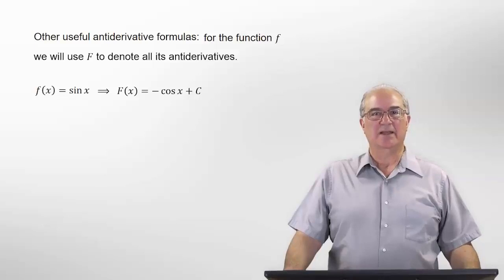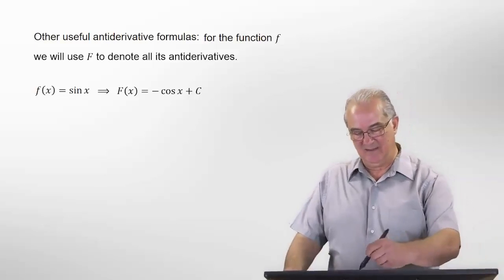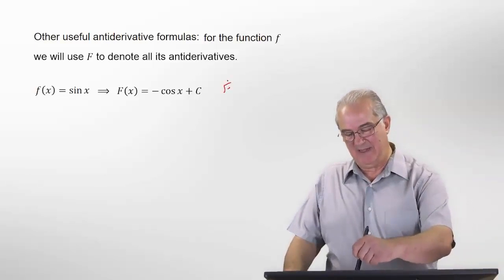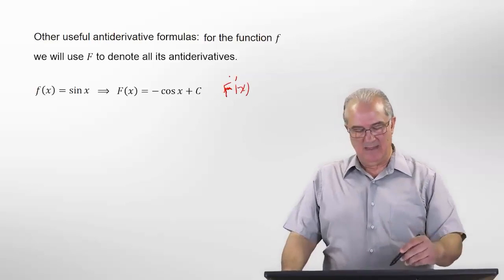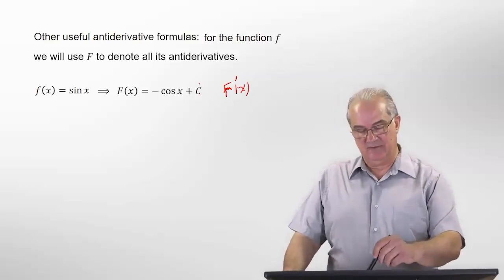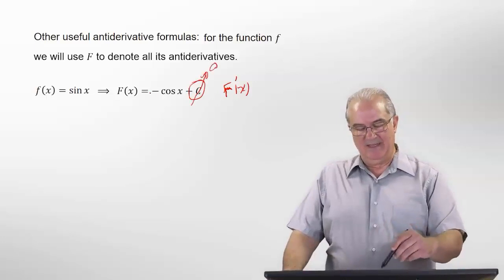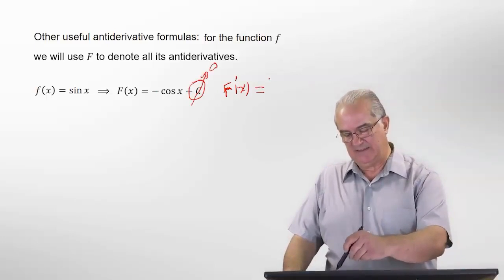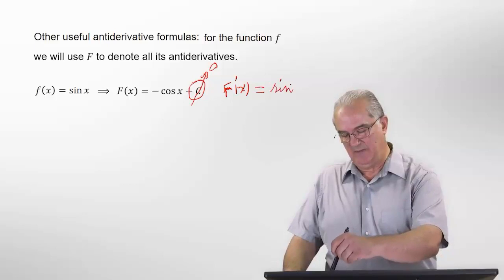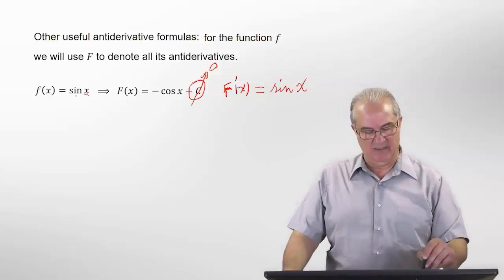And of course, you can quickly verify that if you take the derivative of this family of functions, capital F, and compute f prime of x, the constant differentiates out to 0, and then minus cosine of x gives us the sine of x when we differentiate as we need it.